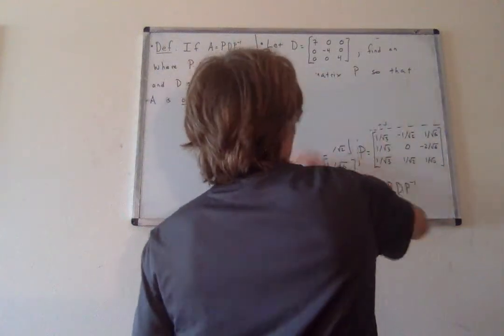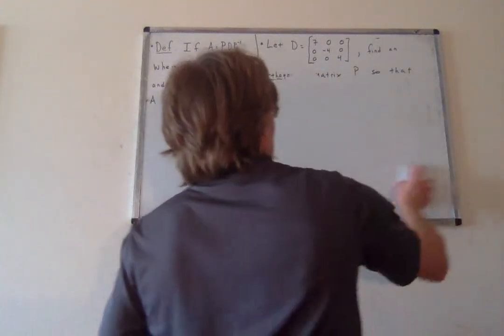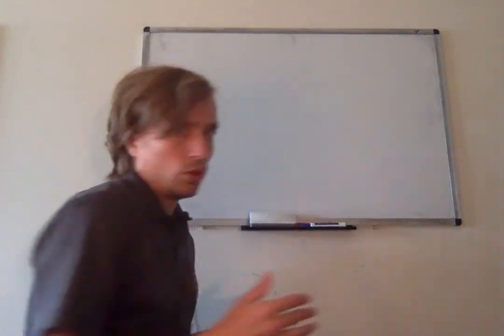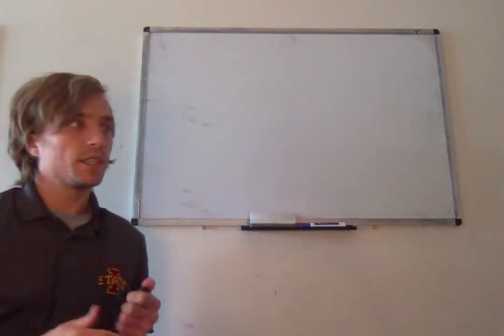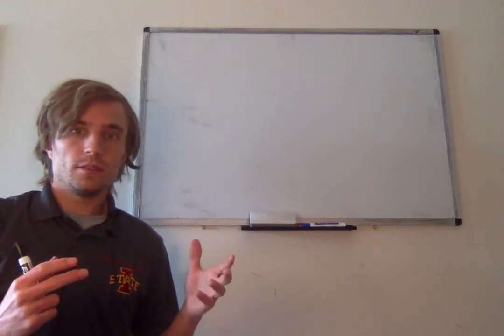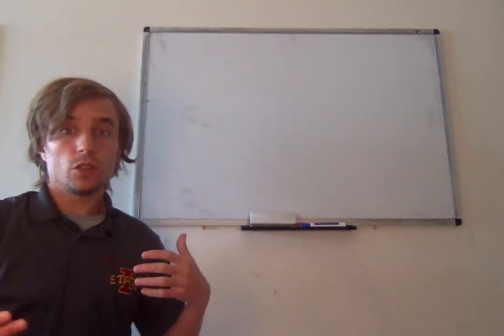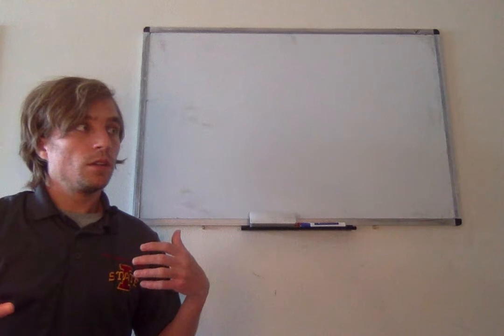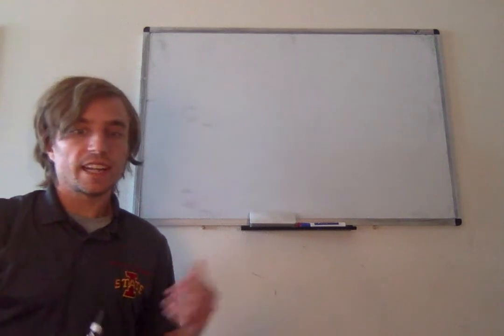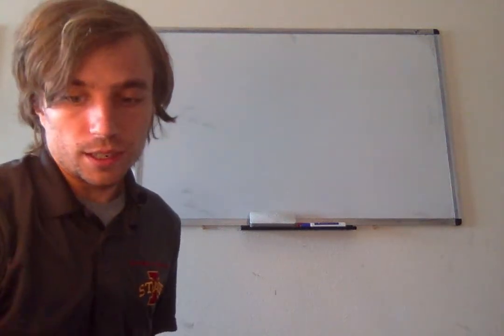I'll write that out, and then it'll be a little more clear. Where we're looking to go, and what we're eventually going to show, is that all symmetric matrices are orthogonally diagonalizable, but also that all orthogonally diagonalizable matrices are symmetric.